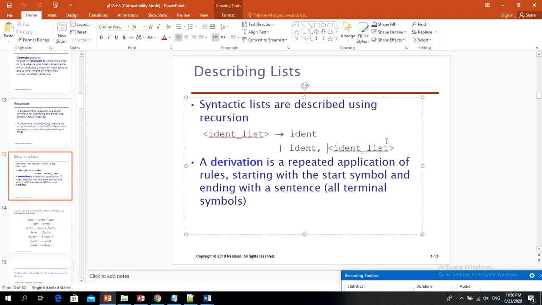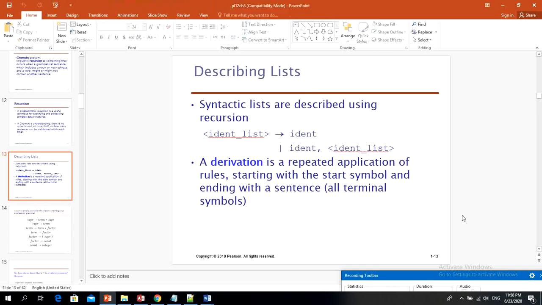Anything between angle brackets may be expanded to something else. So this is set free, but this one could be expanded. We can start expanding this one, and every time we see an angle bracket it may expand again into another set of expressions in which there might be another angle bracket, and so on, in terms of recursion.